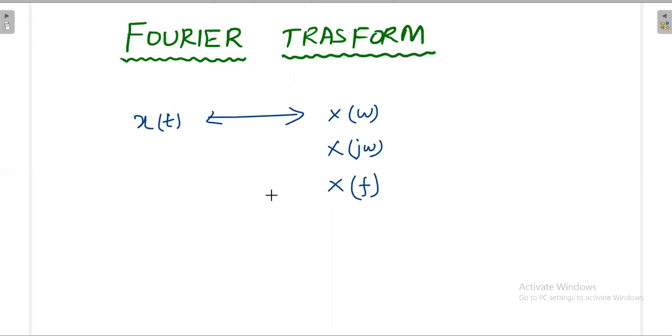In case of Fourier series, the time domain signal was a non-sinusoidal periodic signal, which we represented in terms of an infinite sum of periodic sinusoidal signals.